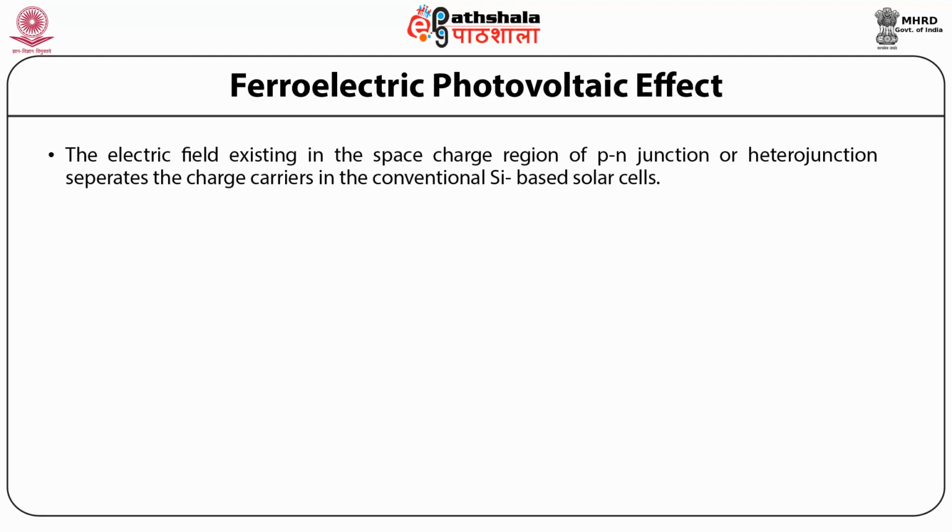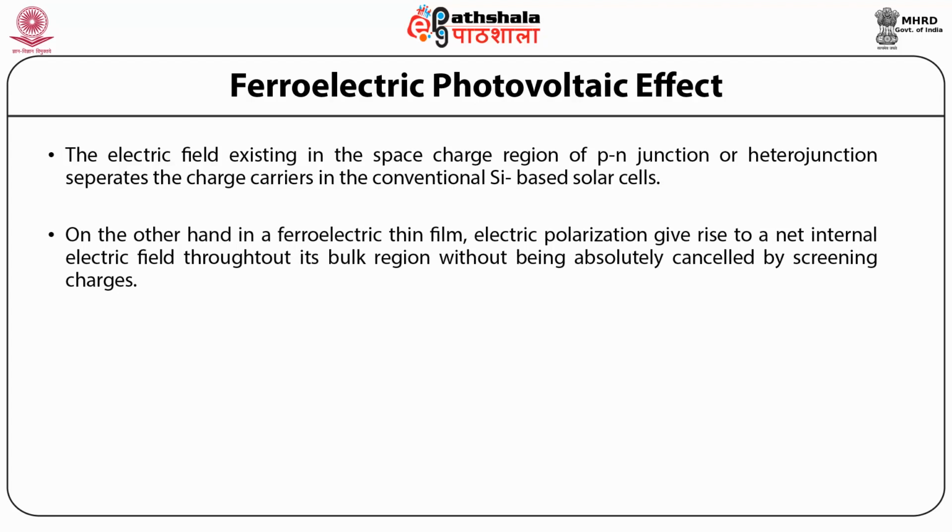The electric field existing in the space charge region of a p-n junction or heterojunction separates the charge carriers in conventional silicon-based solar cells. On the other hand, in a ferroelectric thin film, electric polarization gives rise to a net internal electric field throughout its bulk region without being absolutely cancelled by screening charges.